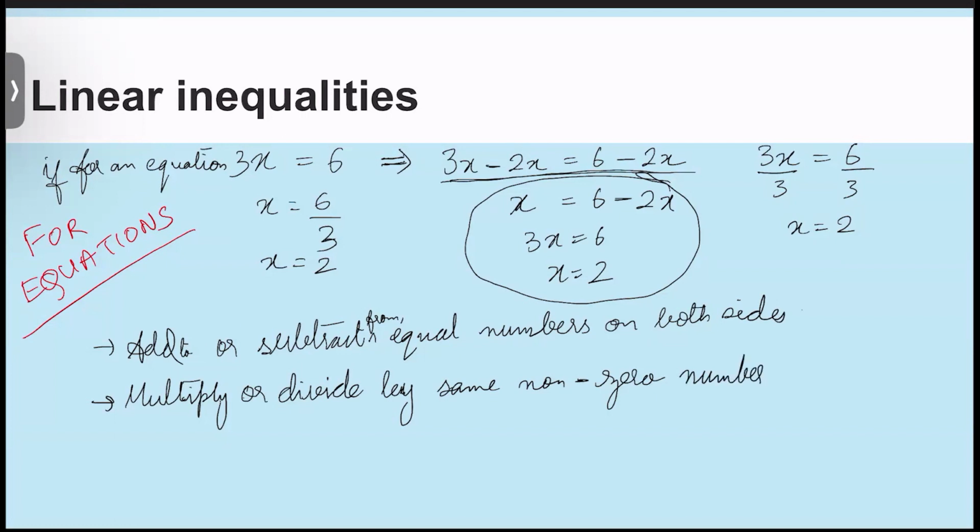So over here, as we saw, we could divide 3x by 3 and 6 by 3, and quickly solve the equation and get x is equal to 2. These are some of the steps that we can do for equations.